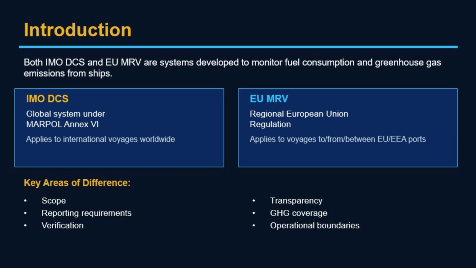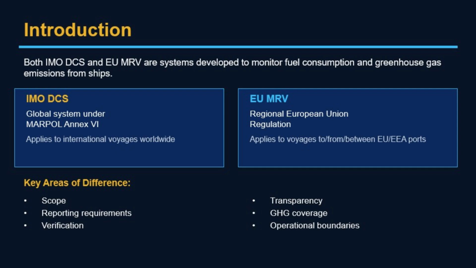Let's begin. Before comparing the two systems, we must first understand their purpose. Both IMO DCS and EU MRV were introduced to improve monitoring of fuel consumption and greenhouse gas emissions from ships. However, they operate at different levels.